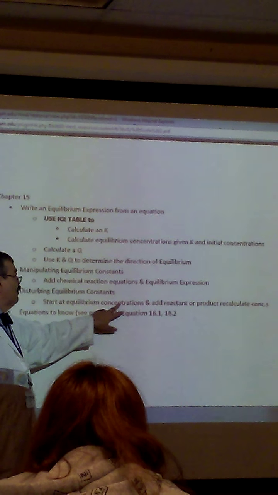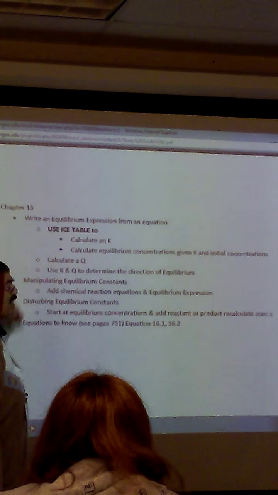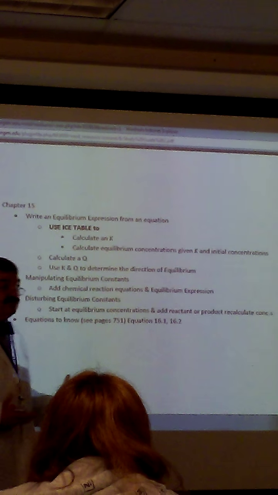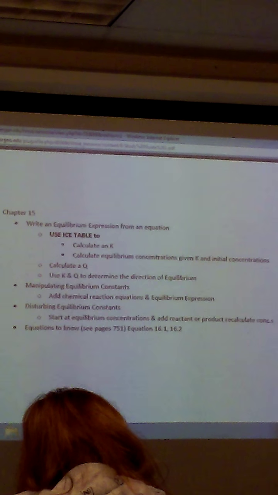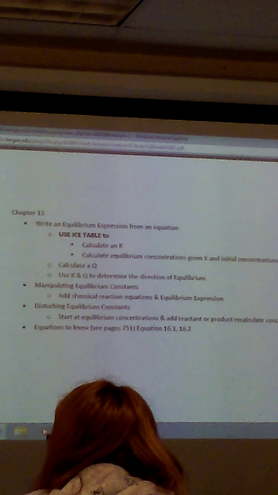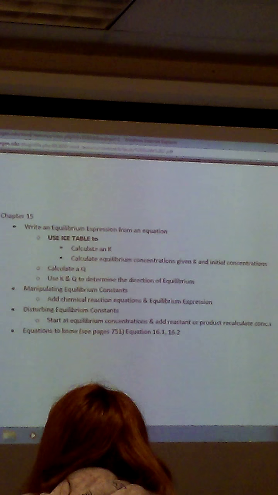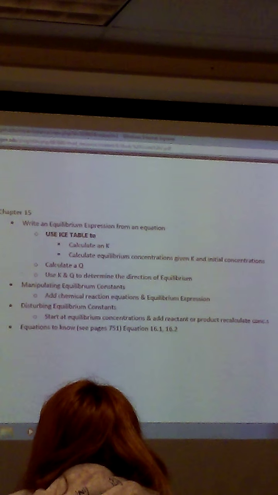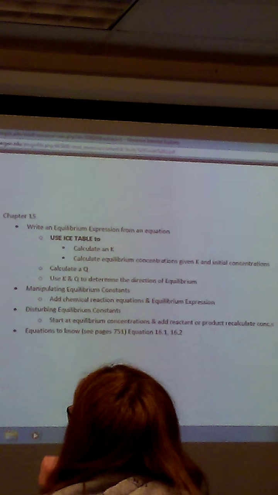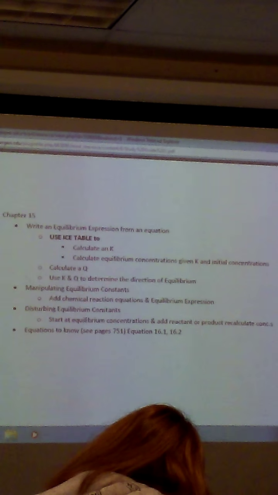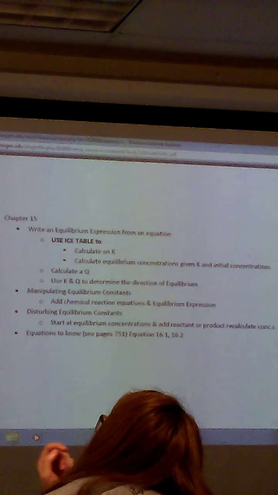Disturbing equilibrium is really a continuation of this, all right? It's the use of an ice table, but we're going to use the ice table to disturb the equilibrium, then do a recalculation based upon adding a reactant or adding a product, and then one becomes minus x, the other one plus, work it down, and then finding the new equilibrium constants. So, start with this.